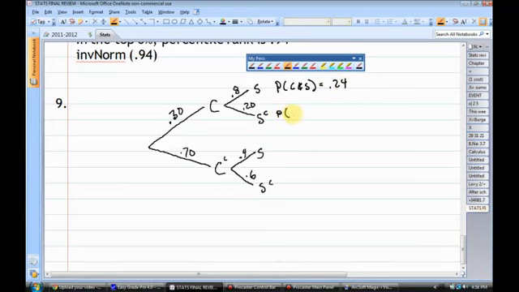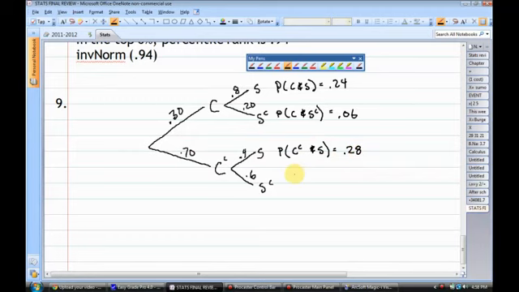The probability of C and S complement, that's 0.3 times 0.2, which is 0.06. Over here, the probability of not calculus yet took science, 0.7 times 0.4, which is 0.28.